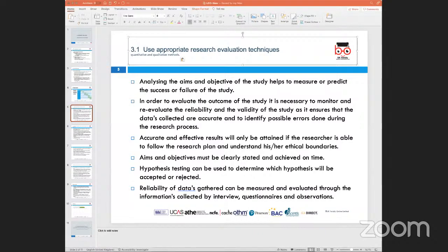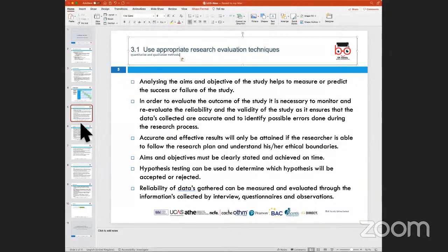Quantitative techniques tend to look at things like how many, who is involved, what the outcomes are that we are going to uncover, and at what price we are getting these outcomes. This will be more related to surveys, questionnaires, and polls.